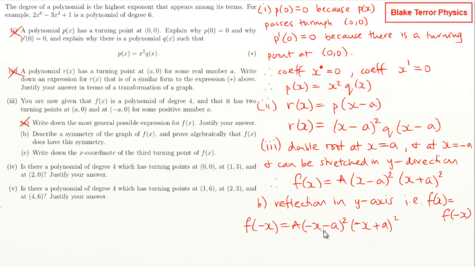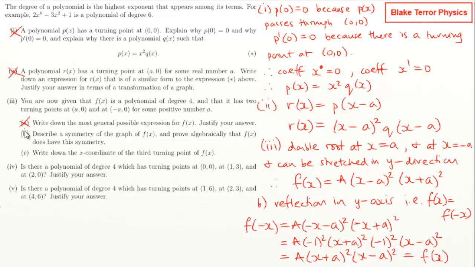Take a factor of minus 1 from each one of those brackets, so that is going to be a times minus 1 squared times (x plus a) squared times minus 1 squared times (x minus a) squared. So that is a (x plus a) squared (x minus a) squared, which is equal to f of x.